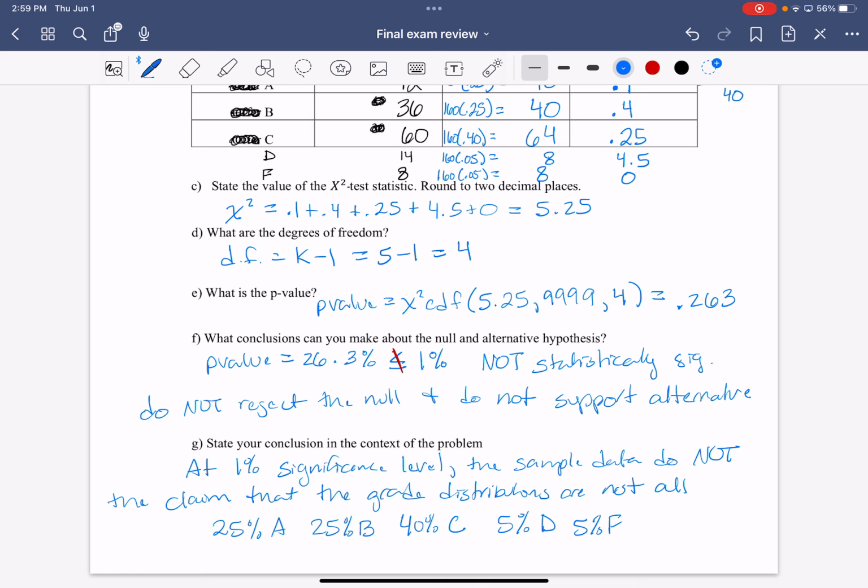Okay. So wait, why does it not support it though? If we're supporting the null basically, in the context of the problem, wouldn't it be in favor of all those grade distributions being equal to it? Correct. We end up having a double not in our conclusion, right? The sample data do not support the claim, and the claim was that the grade distributions are not.